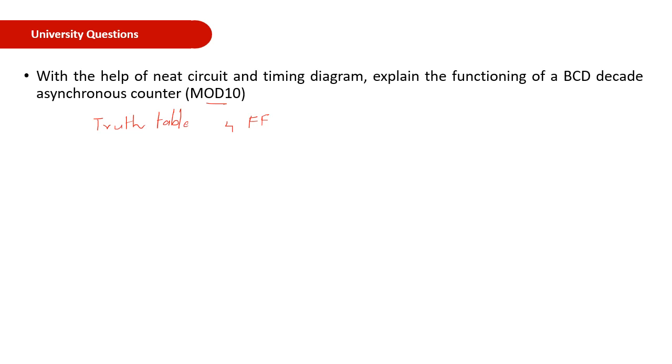Here it is not mentioned which type of flip-flop you have to use, so you can use either D or T based on the requirement. Since you require mode 10, you need 4 flip-flops, decided based on that condition. If you are using 3 flip-flops, you can obtain only 8 states. But if you are using 4 flip-flops, you will get 16 states.